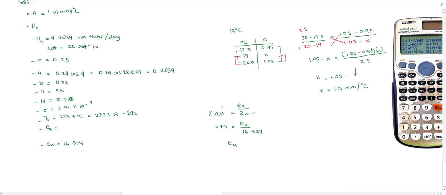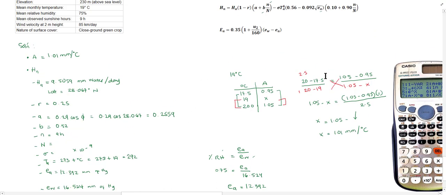So, our E sub A is equal to 16 times 0.75. So, that is equal to 12.392. This is equal to 12.392 mm of mercury, mm of Hg.